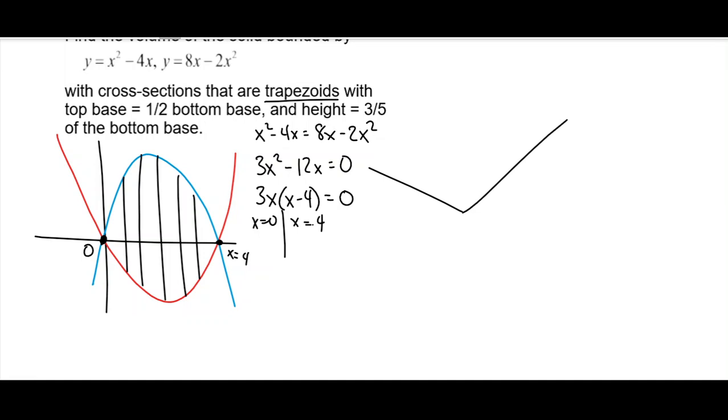It's going to look something like this, crossing at x equals 0 and x equals 4. And then the other one is 8x minus 2x squared, which is going to look something like that. Again, crossing at 0 and x equals 4.